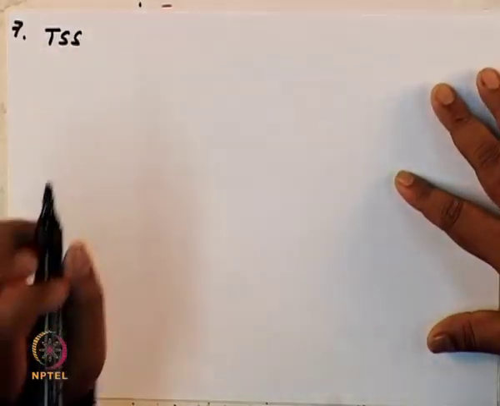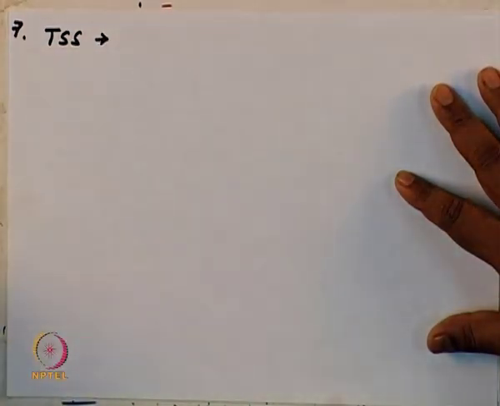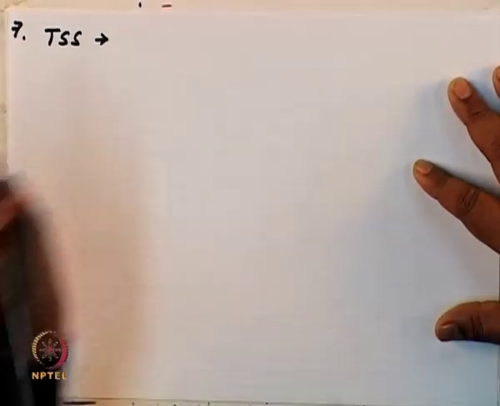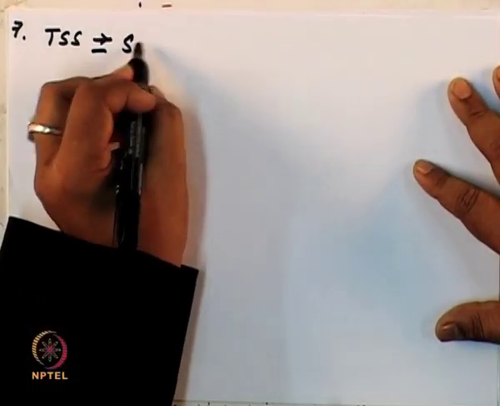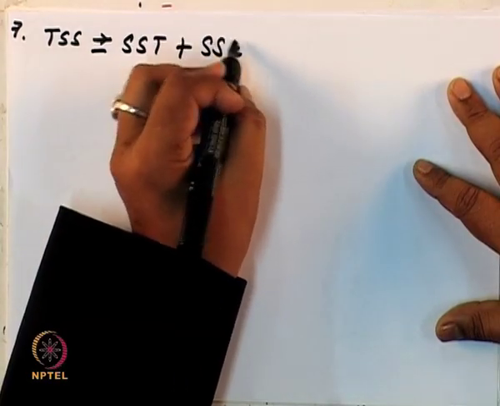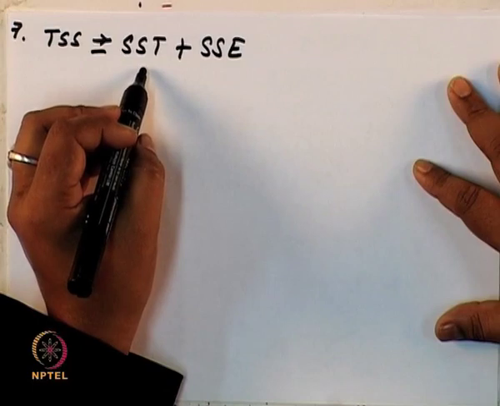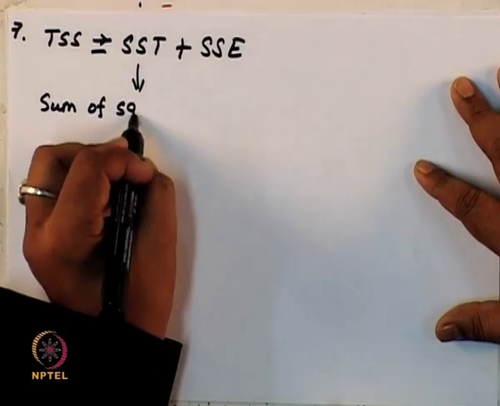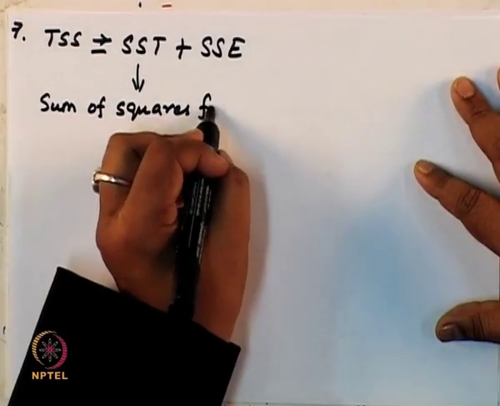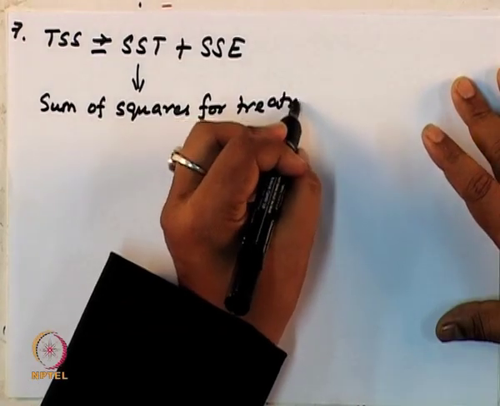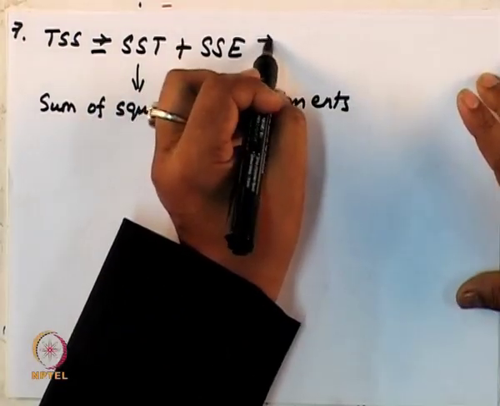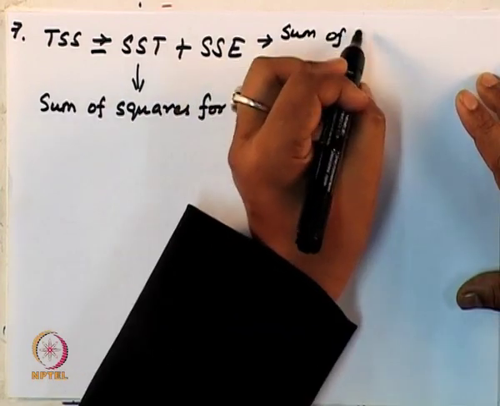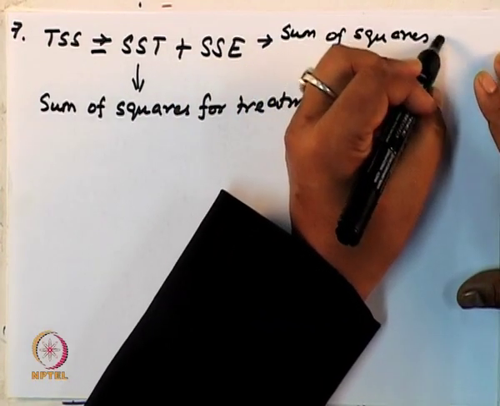So, in ANOVA you distribute the TSS into two fragments. One you call SST and the other SSE, so TSS equals SST plus SSE. SST is the sum of squares for treatments, and SSE is the sum of squares of errors.